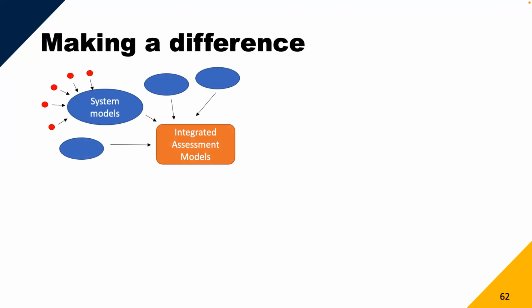So even if I develop this transportation model that doesn't end up getting used in a larger scale integrated assessment, some of the results and findings can influence the way other models might be structured, the way that integrated assessment models start thinking about the way sectoral models are operating.